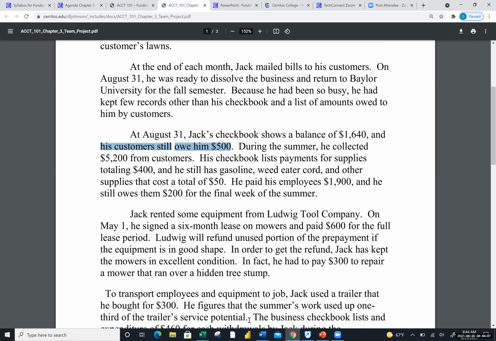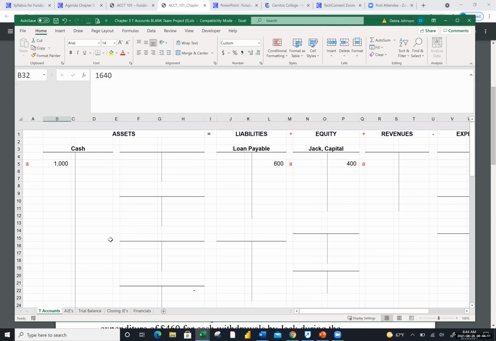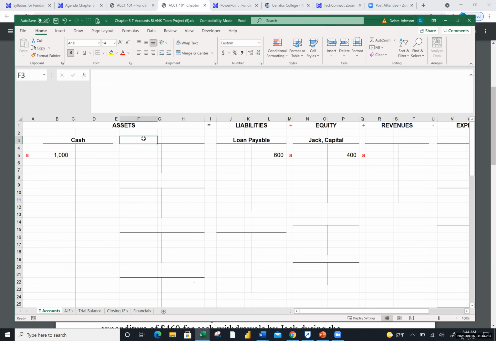So I'm going to call that transaction B, and I'm going to go back over here. And when somebody owes you money, you use accounts receivable. And I'm going to give that transaction B. My accounts receivable went up by $500. Why? Because GAAP says you record revenue when earned.